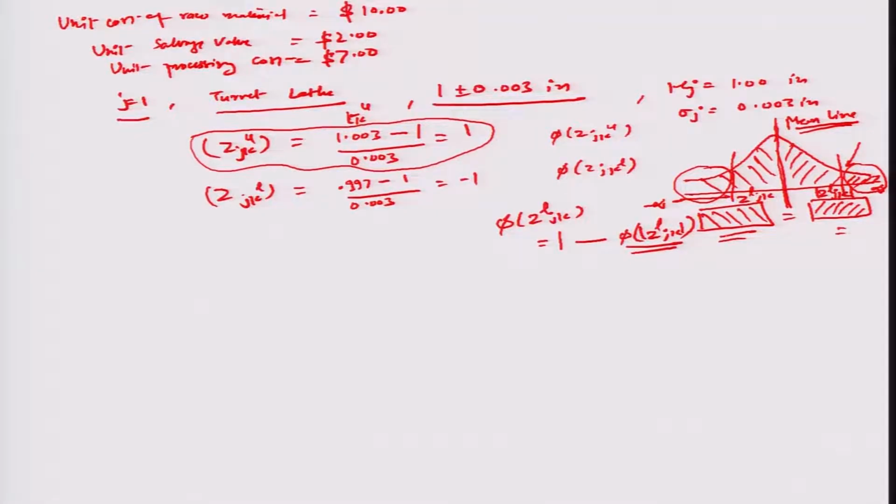So, you can always refer to the positive Z value and go back to the normal tables and read it, and I am going to tell you how to read this from the table. So, we want a Z value of 1 to be read, and then we do 1 minus that value, because the modulus of minus 1 is 1.